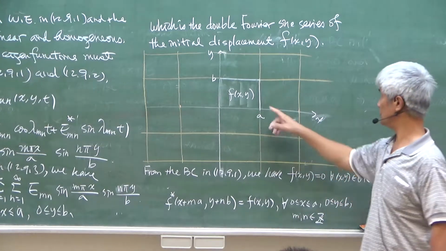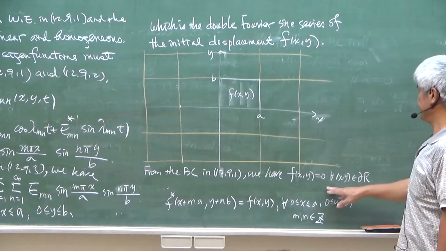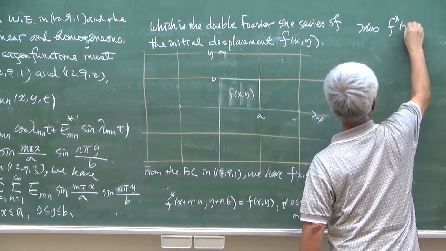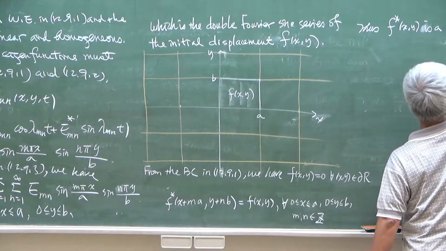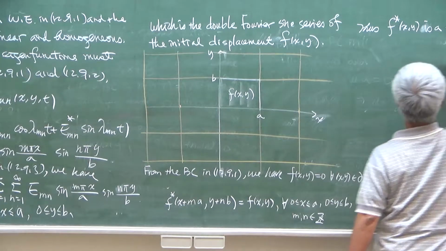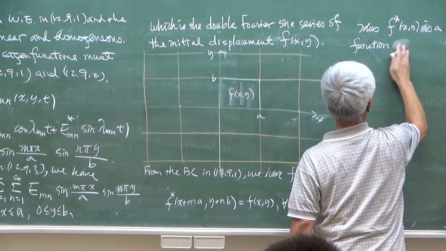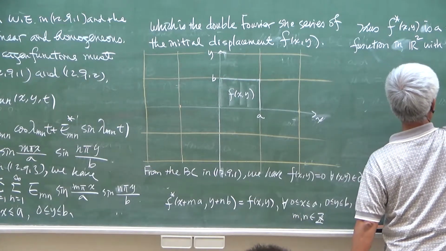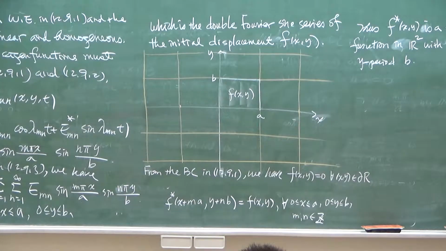So f star of x y is a doubly periodic function in R2, with x period a and y period b.